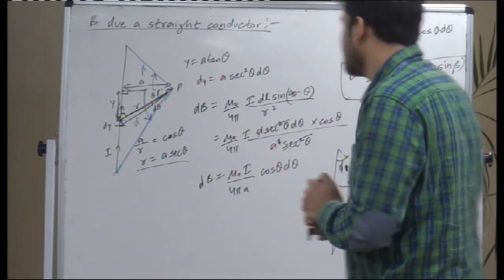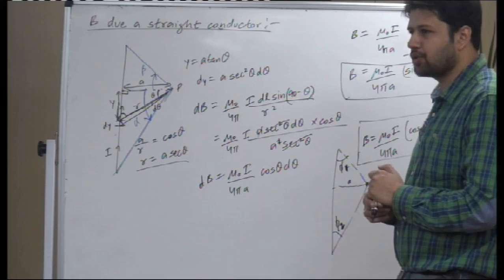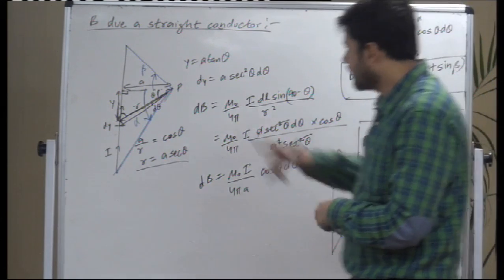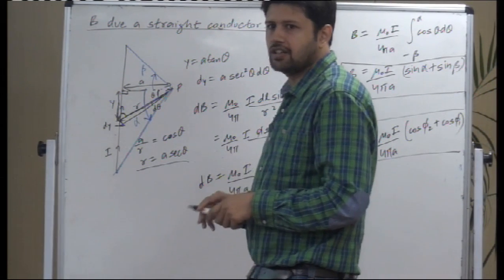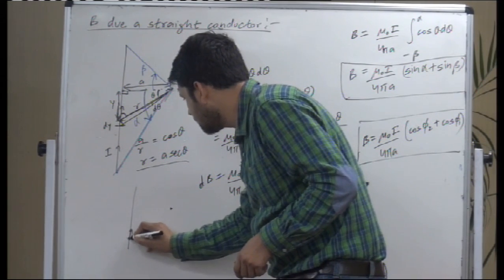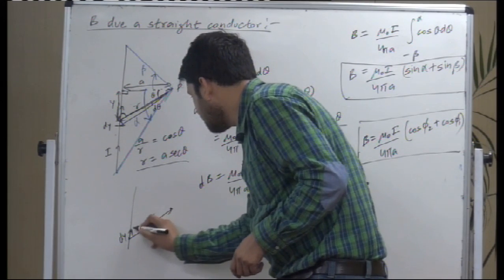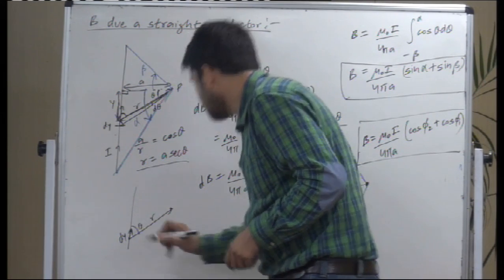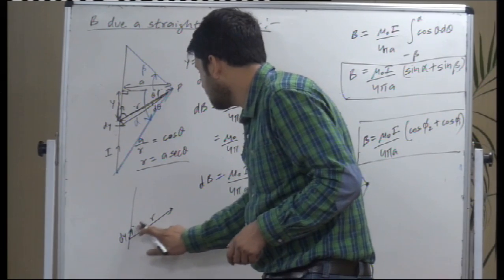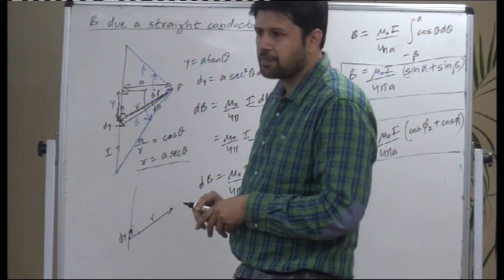And the direction is given by what? Right hand thumb rule, right? So for this small element here, dy, this is r, the angle is this. This was actually 90 minus theta, but we don't need that.